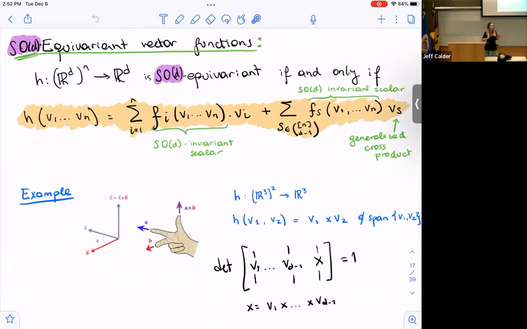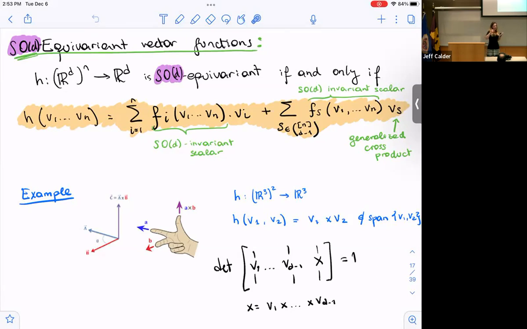And if you look at other, okay, so I gave you the example with the SOD, which was a linear combination of the inputs with the scalar features. Then if you look at SOD, the rotations, you have more equivariant functions. One example is, if you have the sphere, you take the cross product of two vectors.